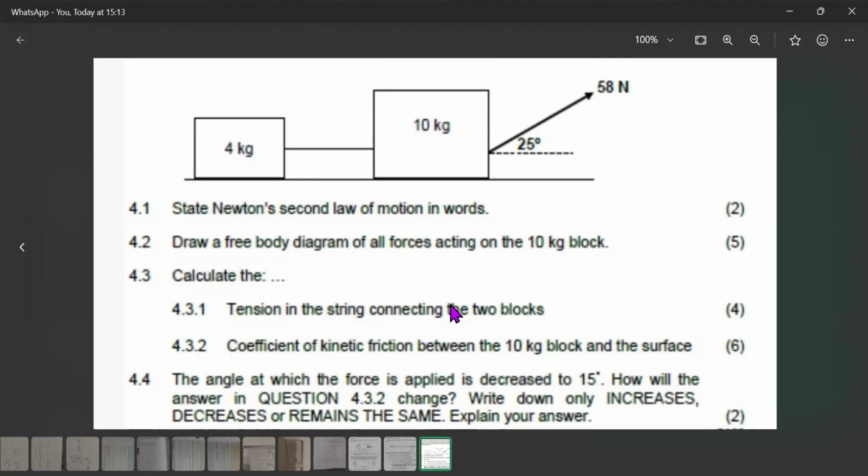And since those two things are still the same in this case, the coefficient of kinetic friction will remain the same. What is going to change is the normal force as well as the frictional force. Both of them will increase, but the coefficient of kinetic friction will remain the same. Now, let me quickly grab my textbook and explain it to you.